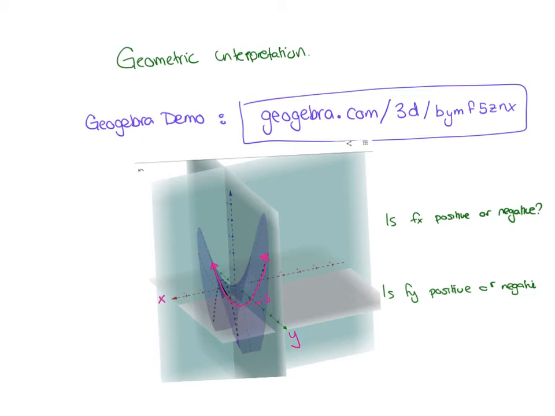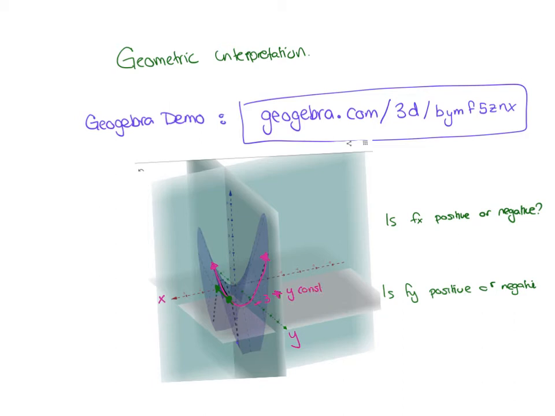Now, given a point on that curve, because I just have a single variable curve, I can think about the slope of that tangent line. So what my partial derivative is telling me is the slope of the tangent line of that curve when I restrict my function, where y is a constant.